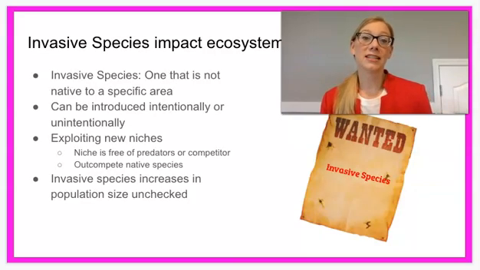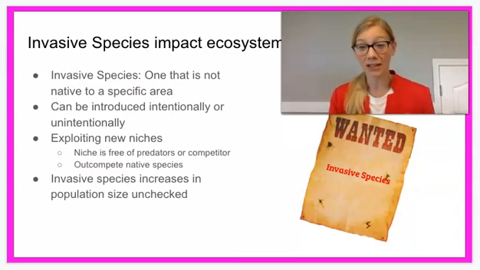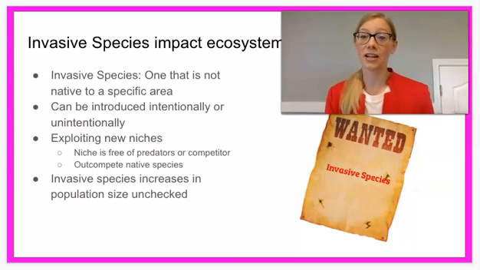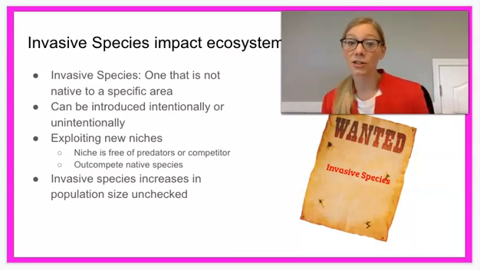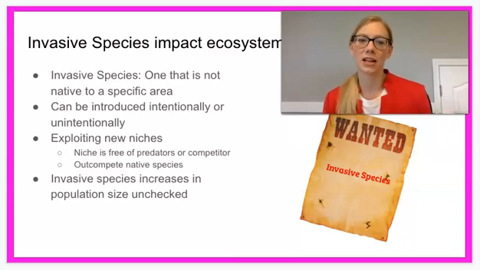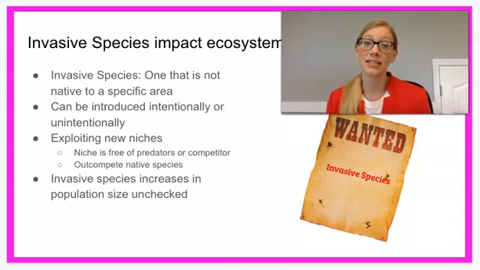So the first one is invasive species. An invasive species is one that is not native to a specific area, meaning somehow it has been transported into that area either on purpose or by accident, but it isn't found there naturally, you can say. We can say it's intentionally or unintentionally brought into an area. And typically what happens when you have an invasive species is it exploits new niches, right?